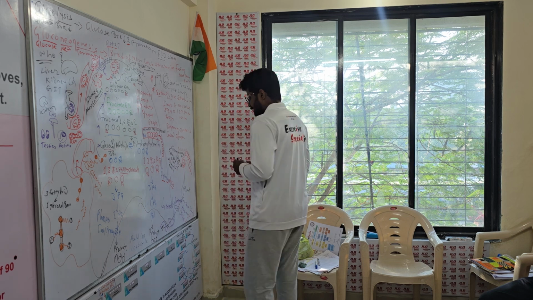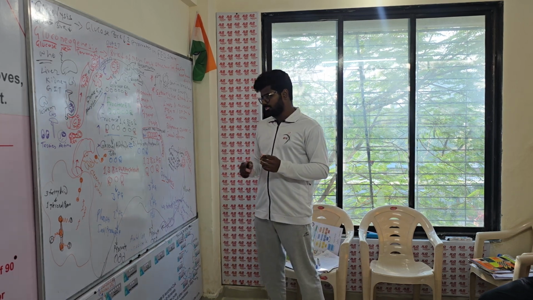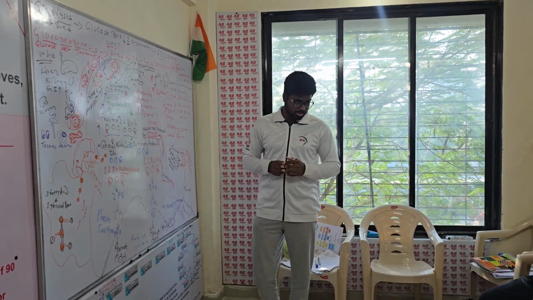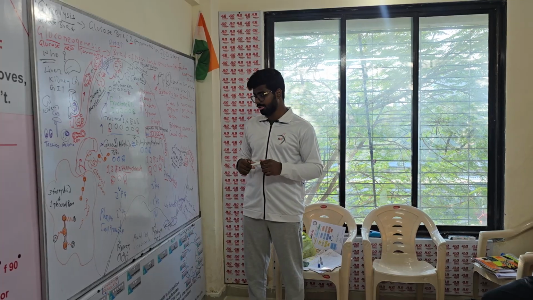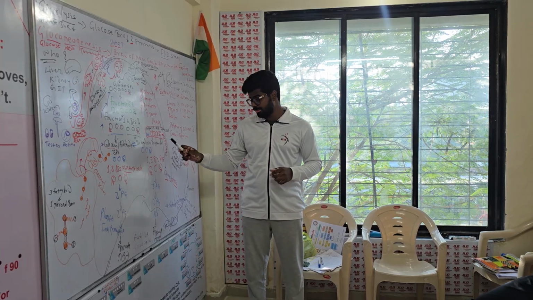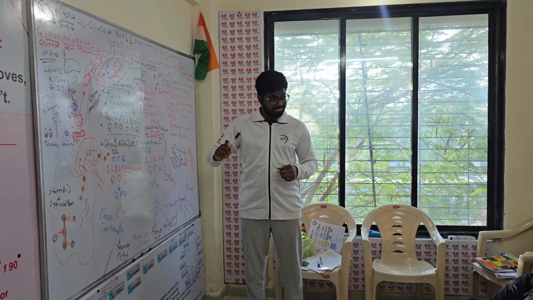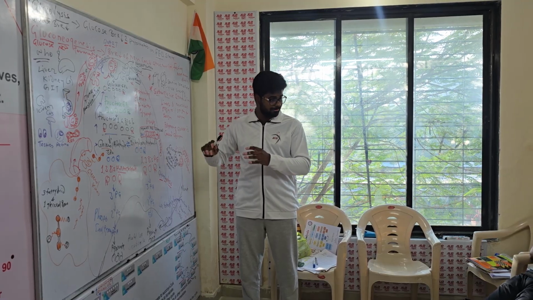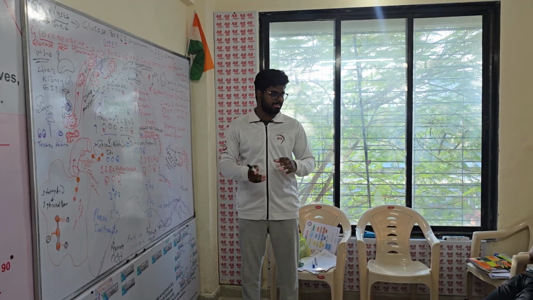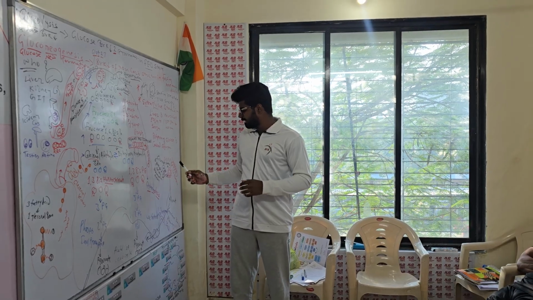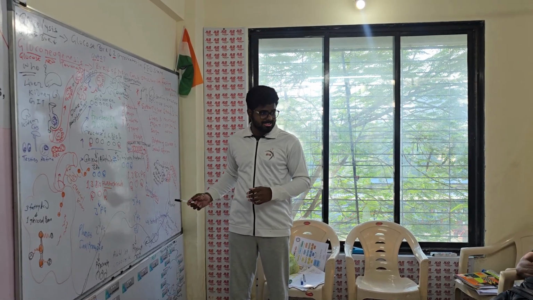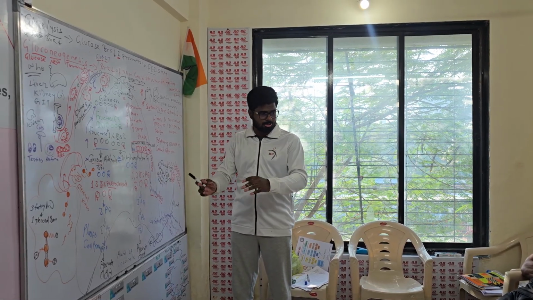Let's understand how the glycogen can be removed. At first, the glycogen will be removed from the liver. Then, when there is no more glycogen left in the liver, the muscle will be forced to release glycogen to form glucose.